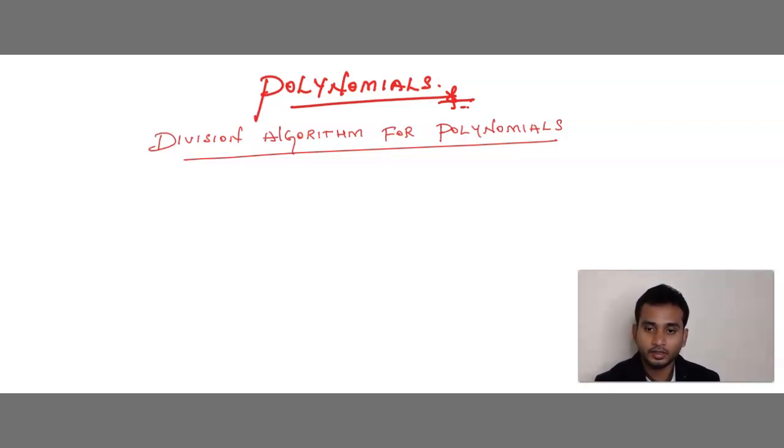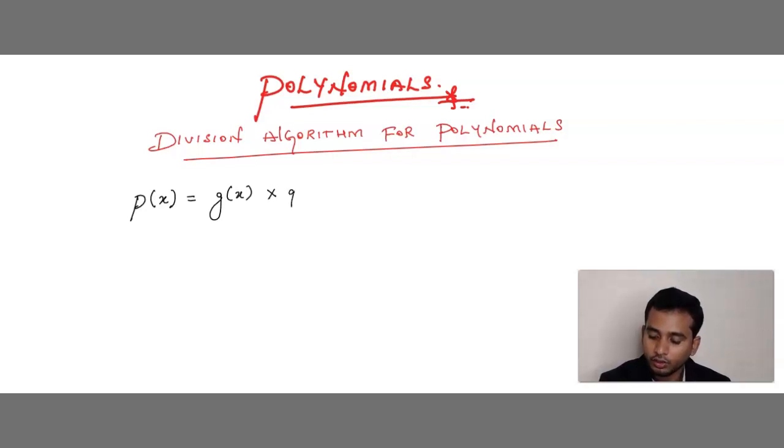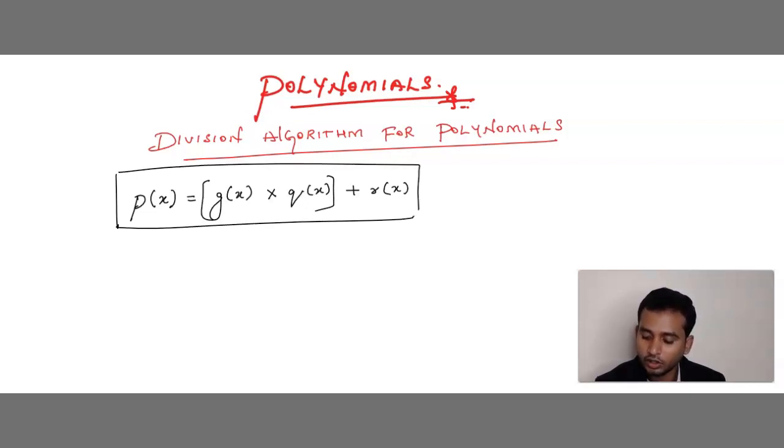Are you getting my point? For polynomials. So what is the Euclid division lemma for polynomials? That is nothing but p of x is equal to g of x into q of x plus r of x.